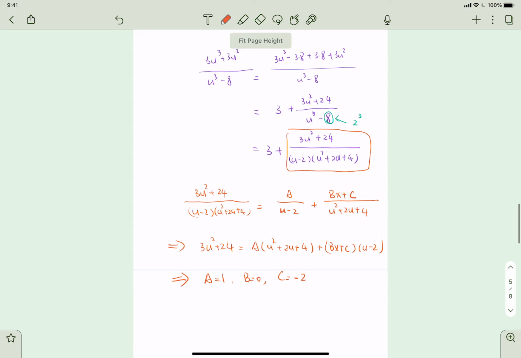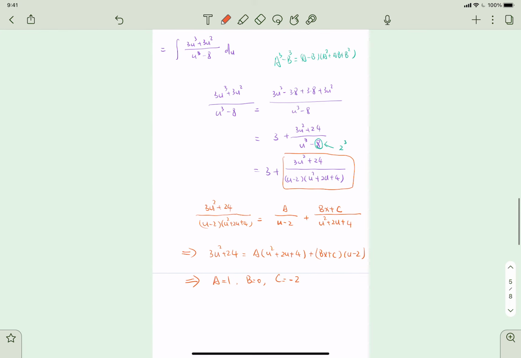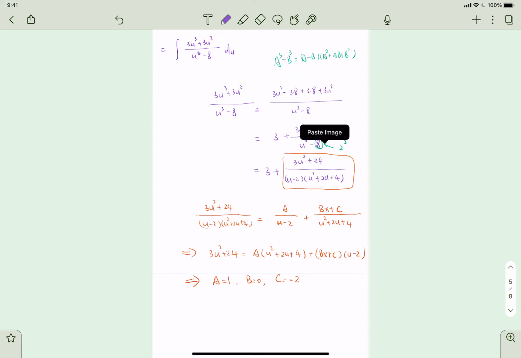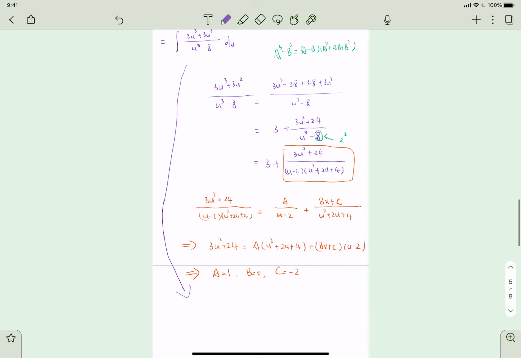And knowing that, we can plug in, go back to the previous integral. So the previous integral now can be written as 3 plus, right?